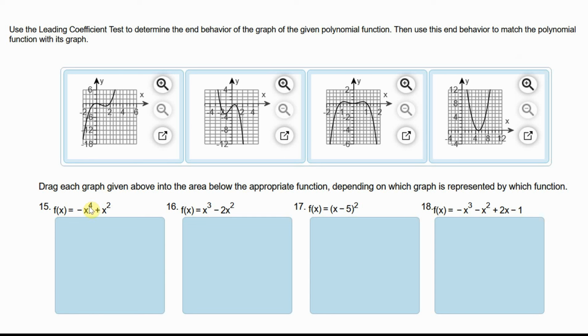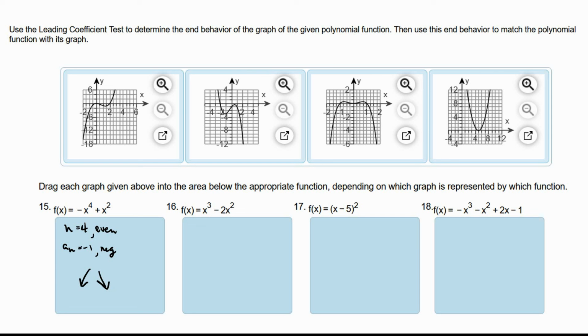So 15 here n is 4. That's even. A sub n is -1. That's negative. So that means that for that particular graph, the end behavior is going to be falling to the left and falling to the right, right?